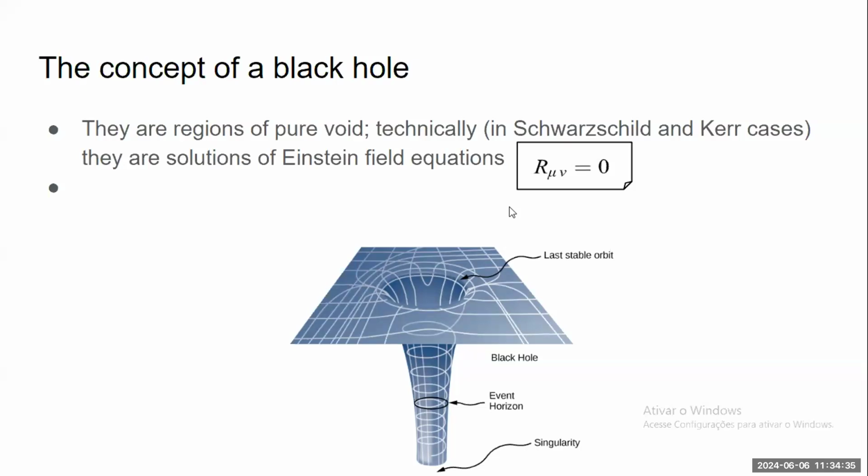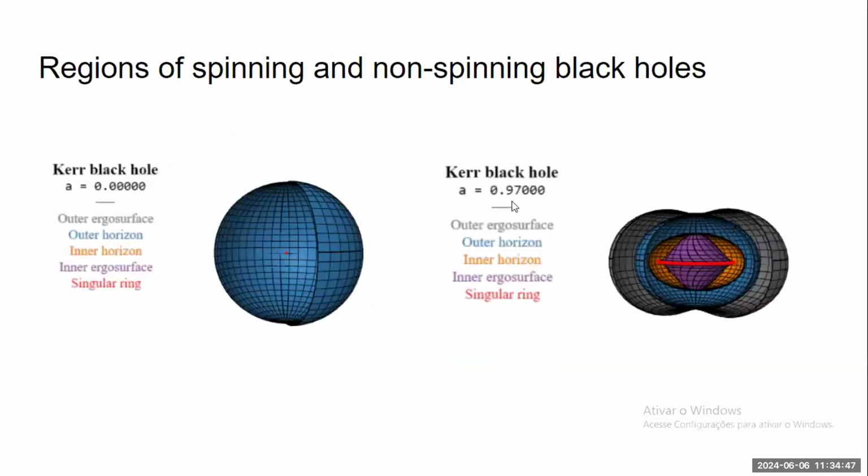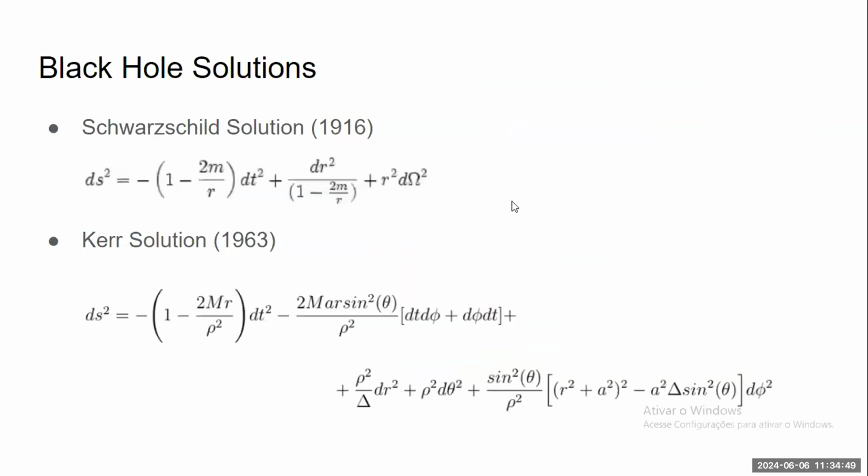General relativity in its classical form predicts, in some sense, its own failure due to physical singularities. The first black hole solution is of course the Schwarzschild solution in 1916, and its version with rotation, a rotating black hole, is due to Roy Kerr in 1963, right?